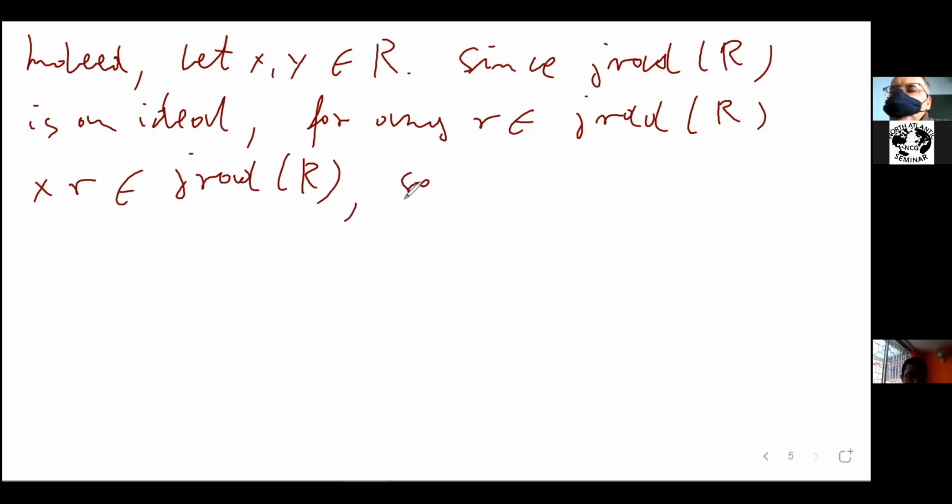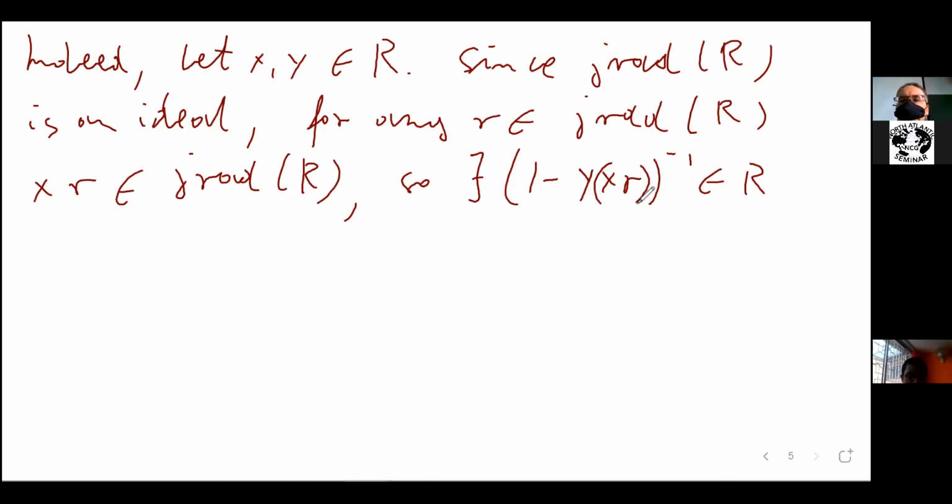So by the definition of a radical, I know that there exists 1 minus yxr inverse in R, correct? Right? Because xr is in the radical. So by definition of the radical, for any y, 1 minus y times something in the radical is invertible. Okay?